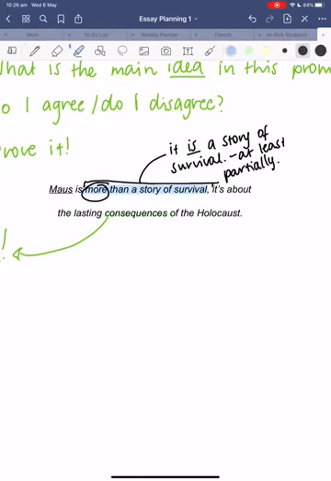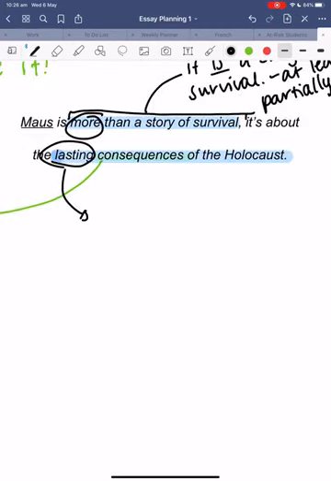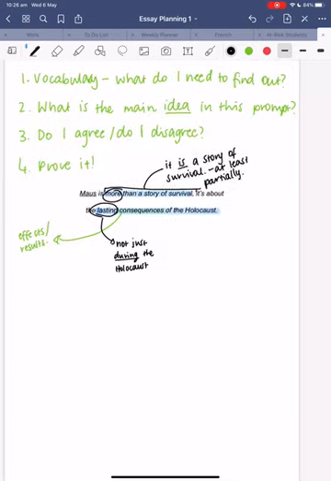Now, another key idea we've got is the lasting consequences of the Holocaust. All right, so we've got a couple of key words here. So lasting, this tells us that it's not just during the Holocaust that we have effects, okay?